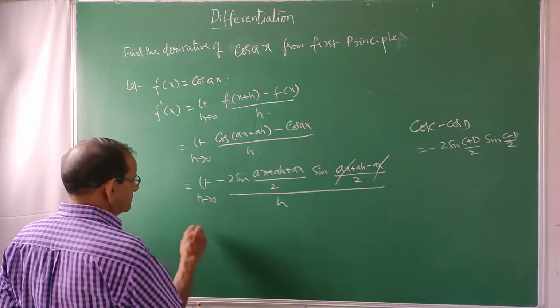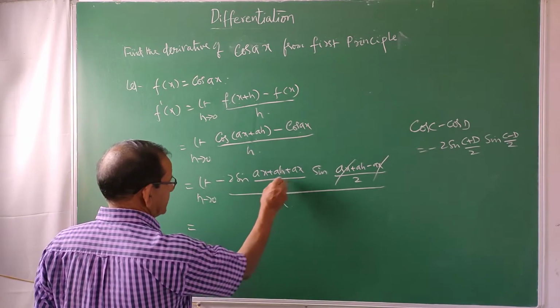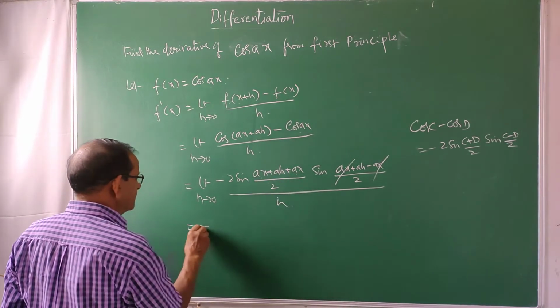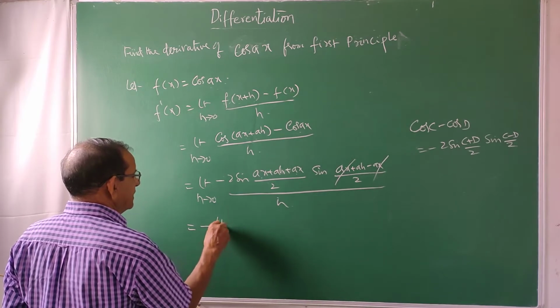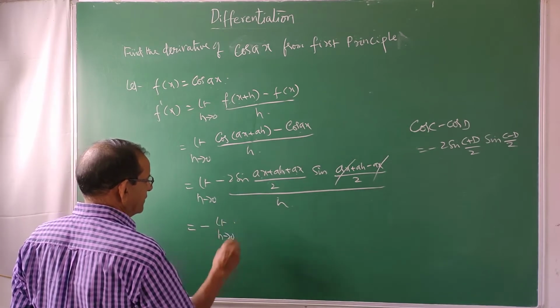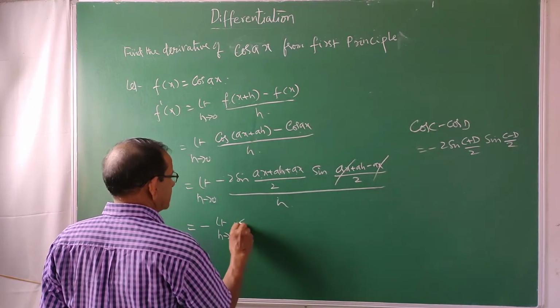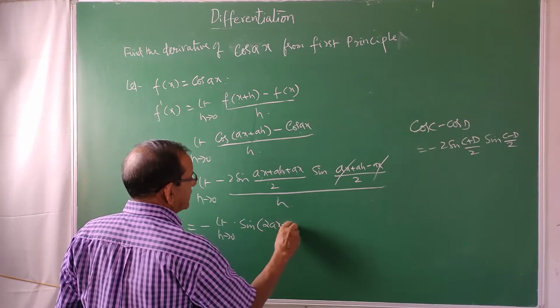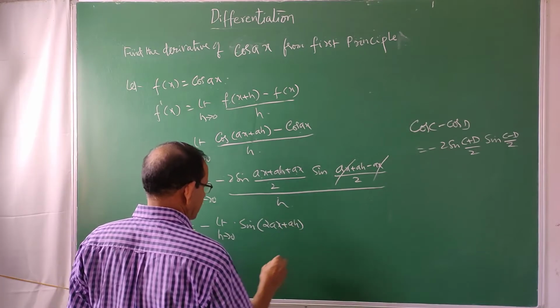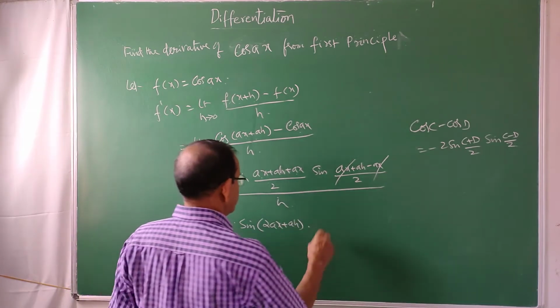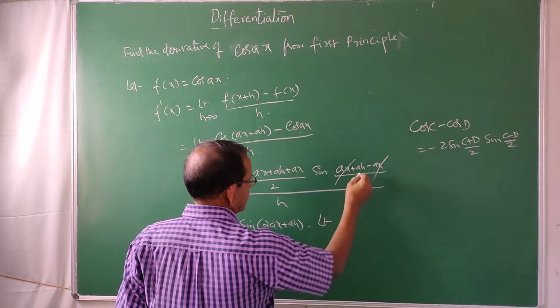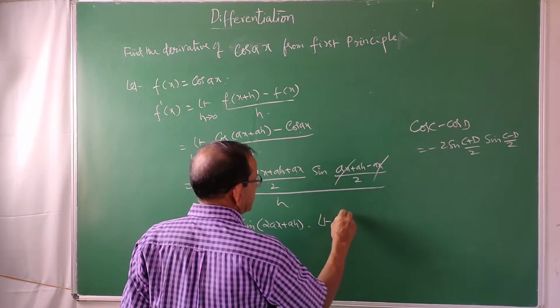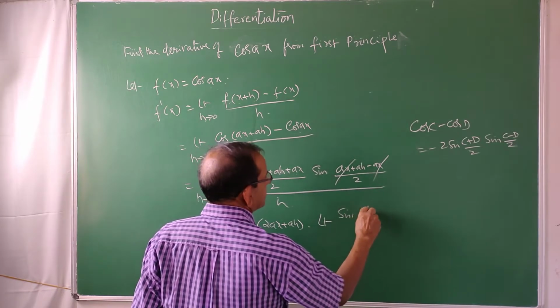So first you write this one, ax plus ax. You can keep minus outside, limit h tends to 0, 2ax sin (2ax plus ah) into, for this limit, ah by 2, sin ah by 2.